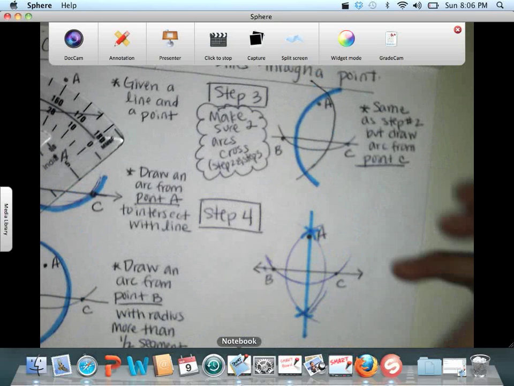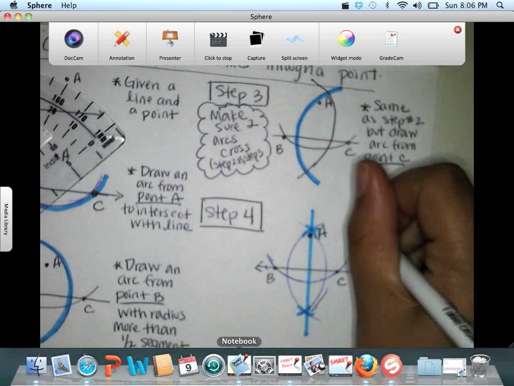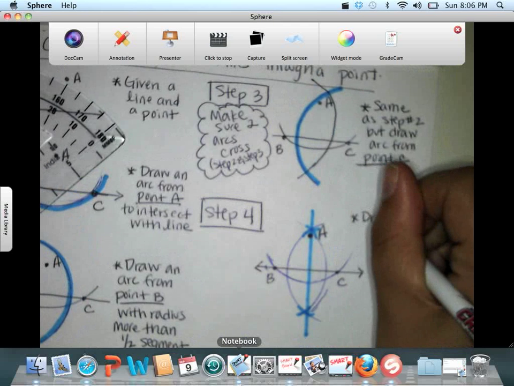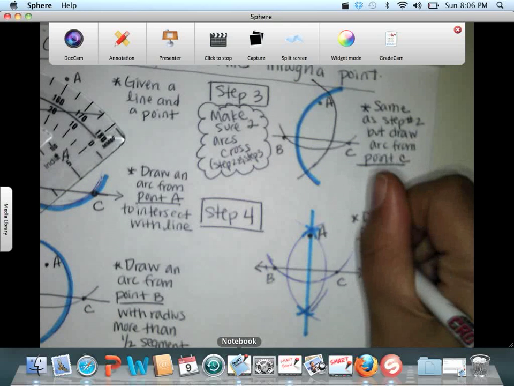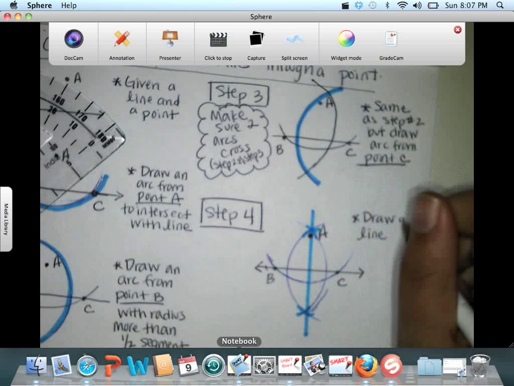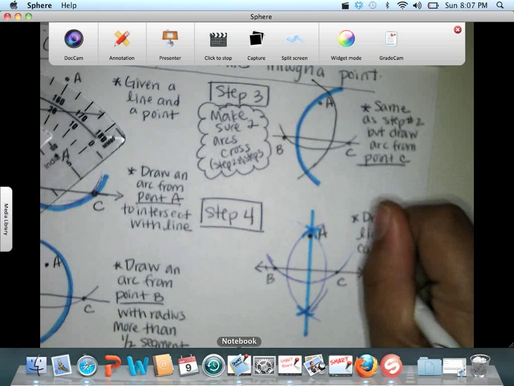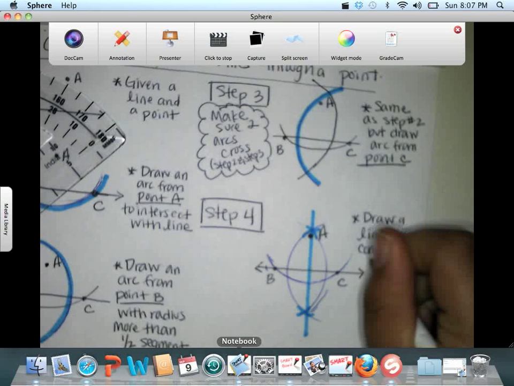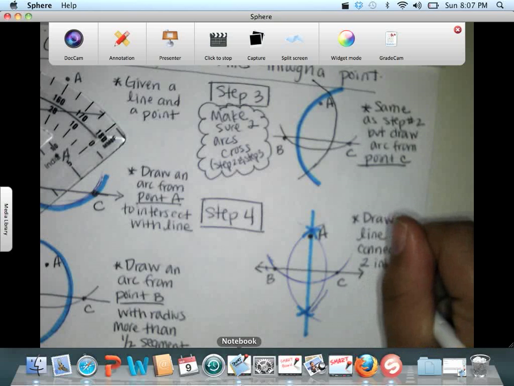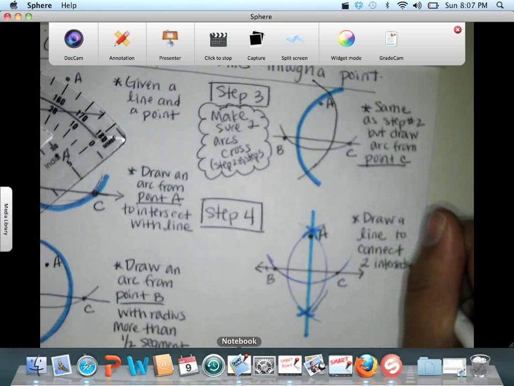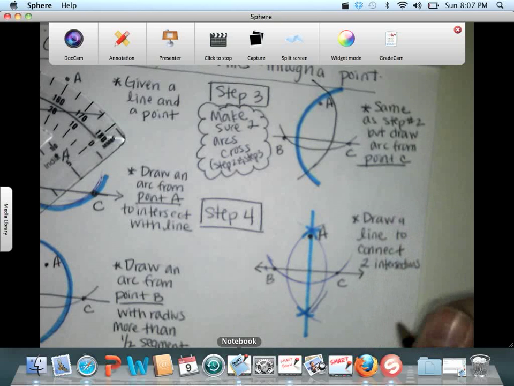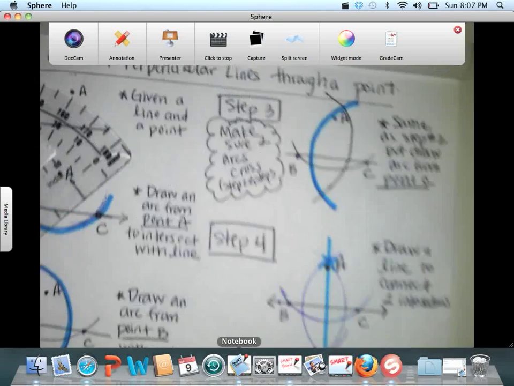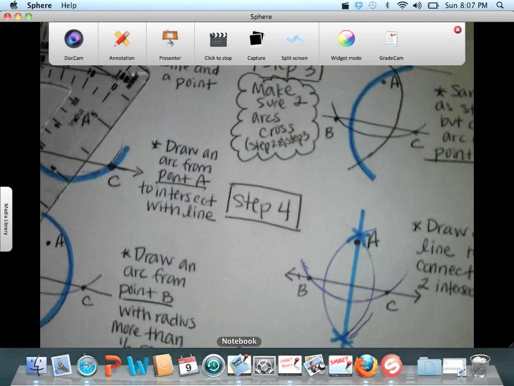Alright, so draw a line to connect 2 intersections. Sorry, so it says intersections. Let me zoom in for you so you can really see.